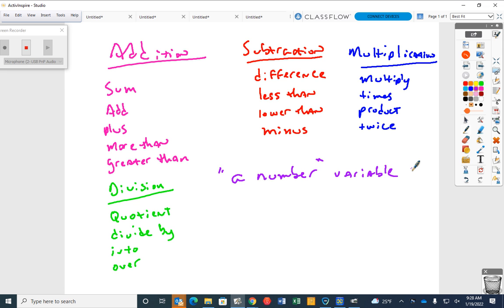When you see the word is, that means equals. So if I said 2 times a number is 4, that would be 2x equals 4. And then you solve it.